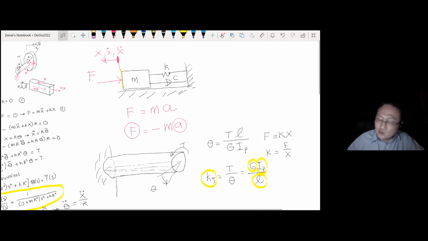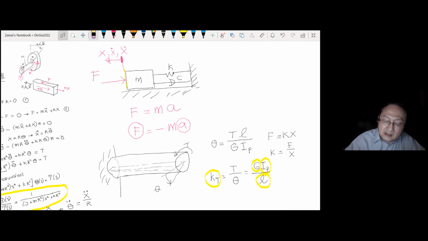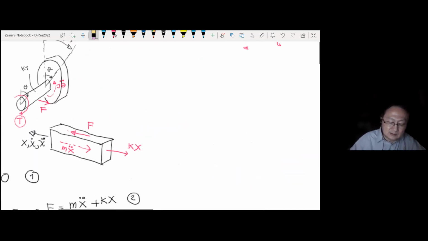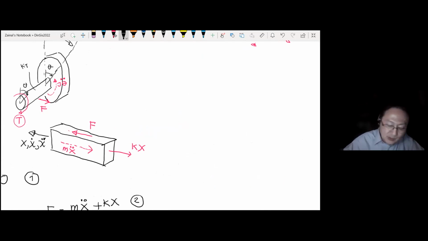Now I want to explain, if we have KT there, then look at that one. This one is the torque, and this one is the torque.